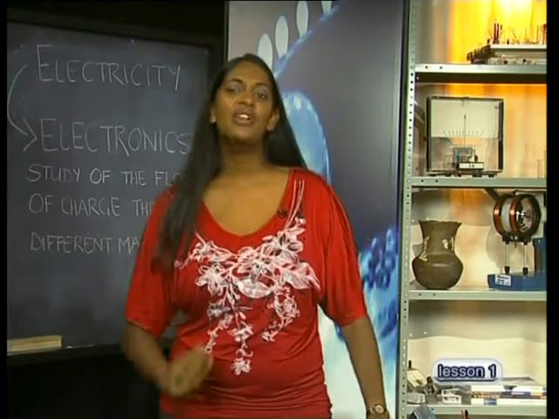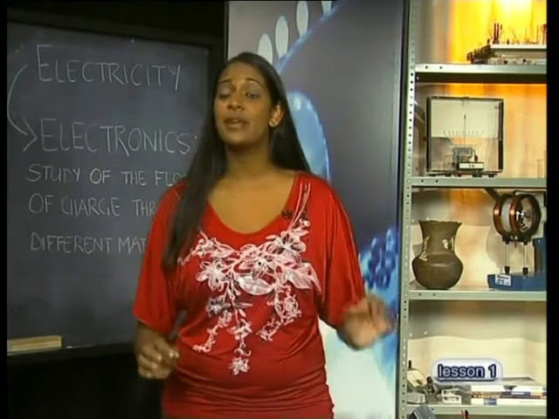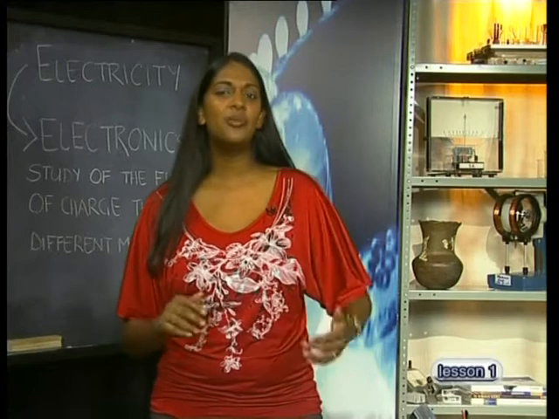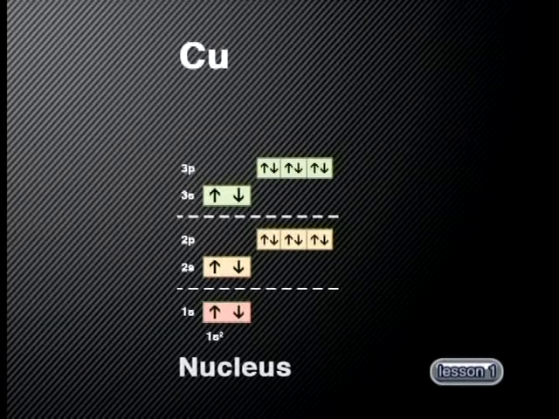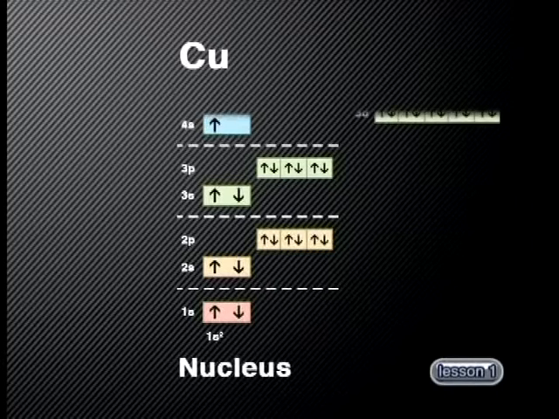Well, Tate and the learners certainly got some interesting results. Let's have a look at a model of what happens at a microscopic level to see if we can explain the differences they observed. In all metal atoms, electrons are arranged in energy levels around the nucleus. The energy levels close to the nucleus contain electrons, but there are many high energy levels that remain empty.